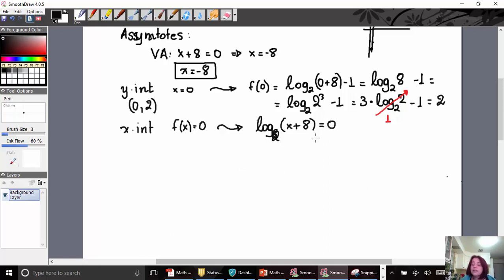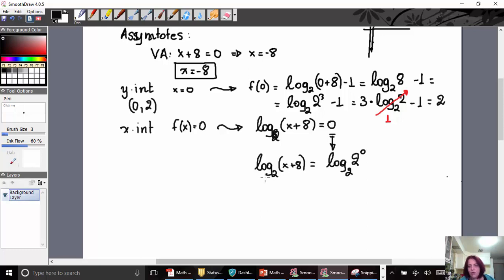And we need to solve this logarithmic equation. In order to do that, we have to rewrite the 0 as a log with base 2. And of course, this is going to be equal to nothing else than log with base 2 of 2 to the 0. So this now is equal to the log with base 2 of x plus 8.